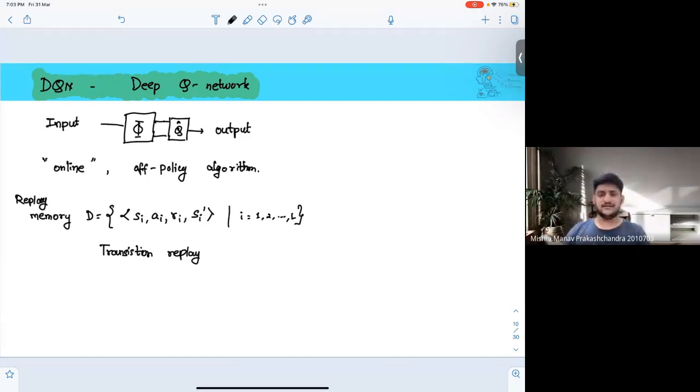To get out from that difficulty, what you do is instead of sampling over the entire trajectory, instead of replaying the transition in itself, you try to replay the experiences. So it's called experience replay.